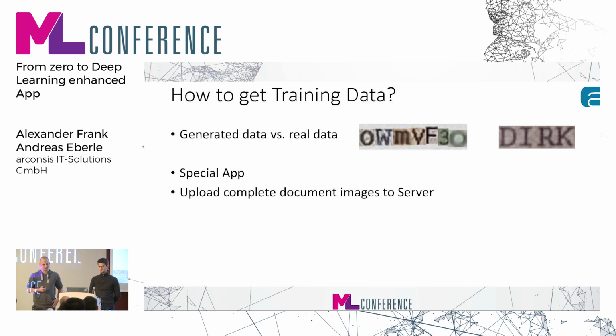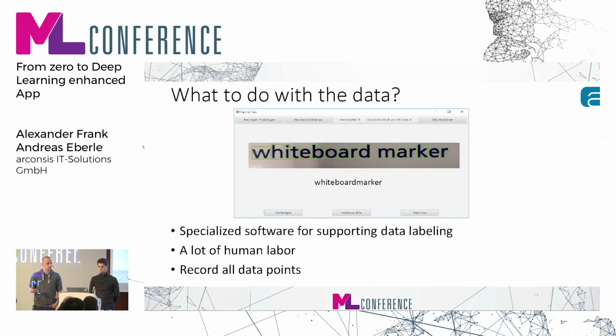So after we got some data, what should we do with that? That's basically a simple desktop app we created to be able to label the data, so that our workers could make sense out of the data we got. This is a simple sample, not the real data we were working on.